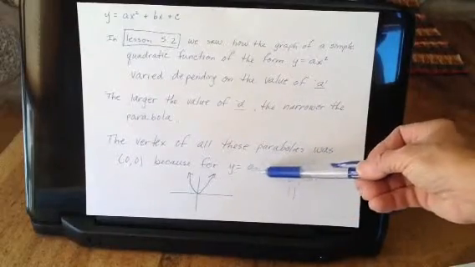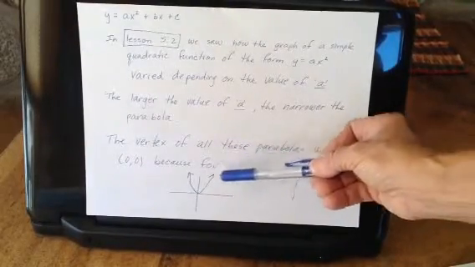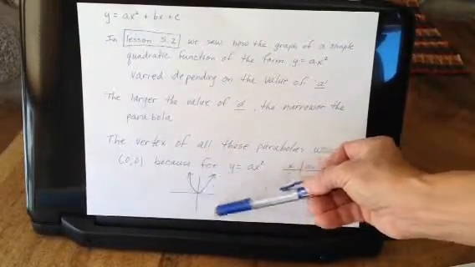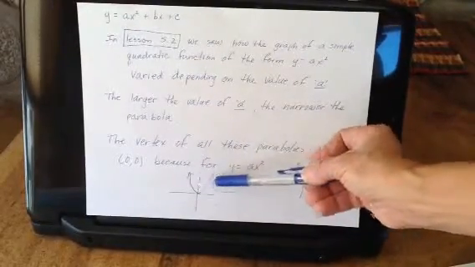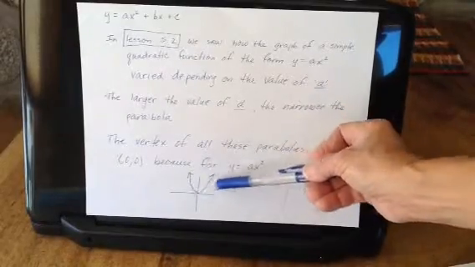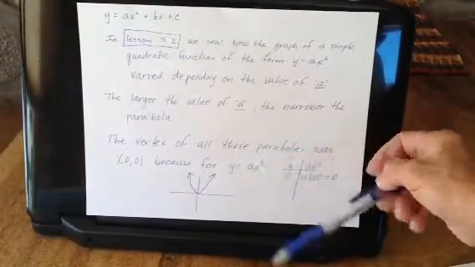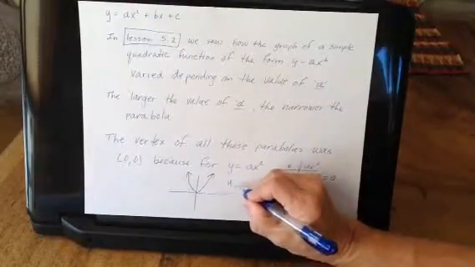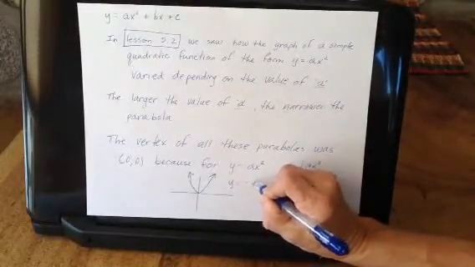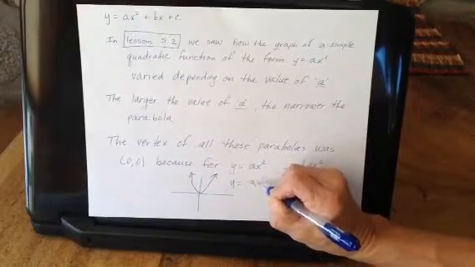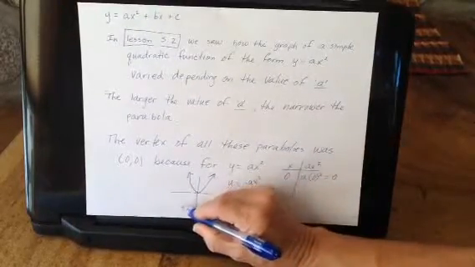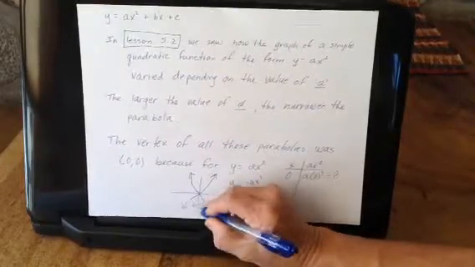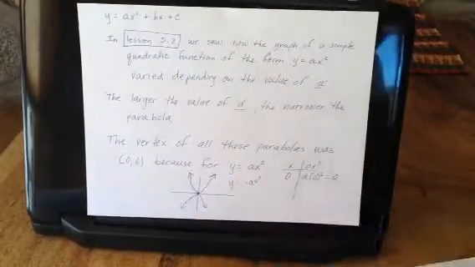So when y equals ax squared, the vertex is at the origin. The parabola will open upward if a is positive. If a is negative and we have y equals negative a x squared, the graph will open downward with the vertex still at 0, 0.